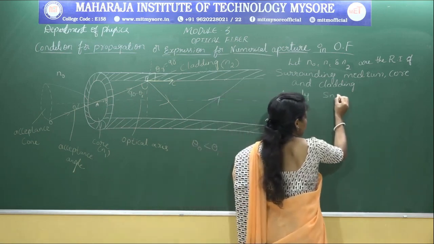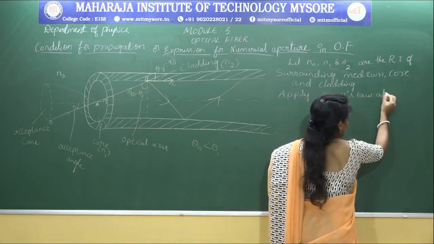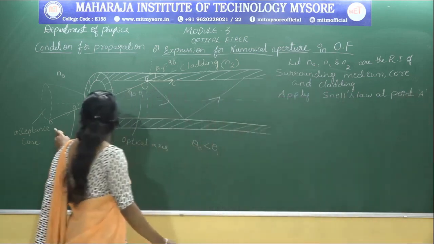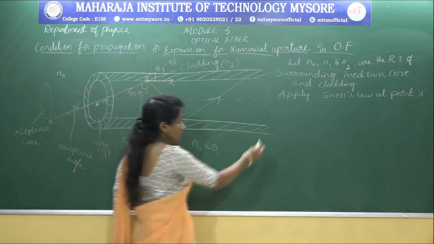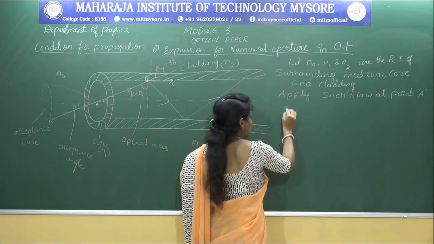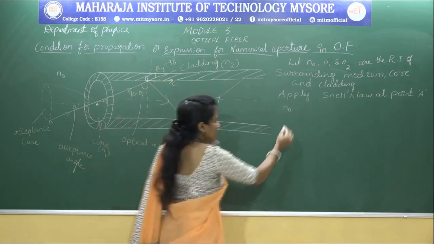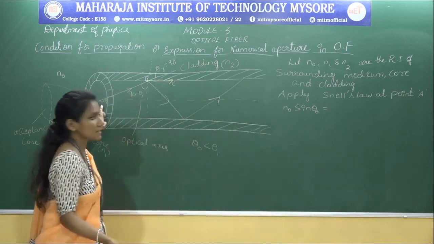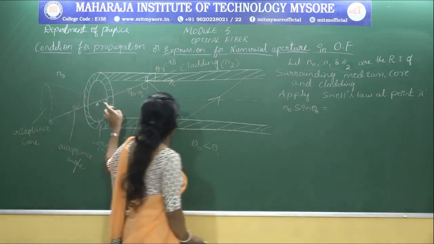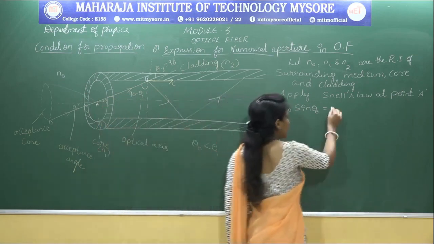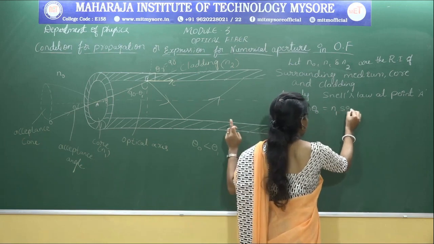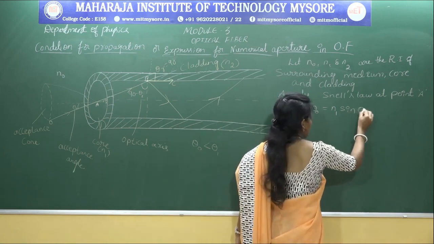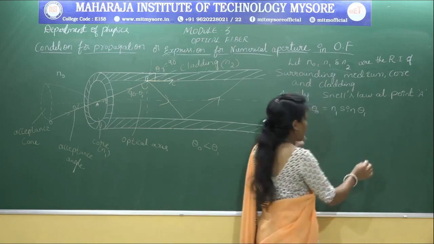At point A, we get the refractive index of the surrounding medium times the sine of the angle it forms, n0 sin theta naught, equal to the refractive index of the core, n1, times sin theta 1. So, this is at point A.